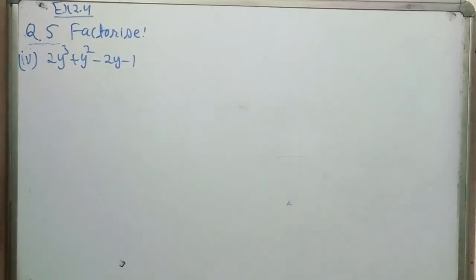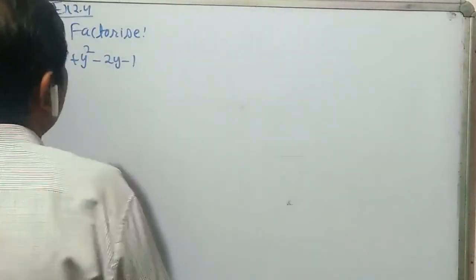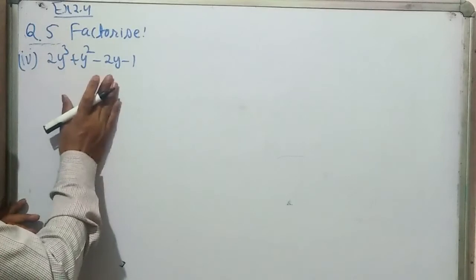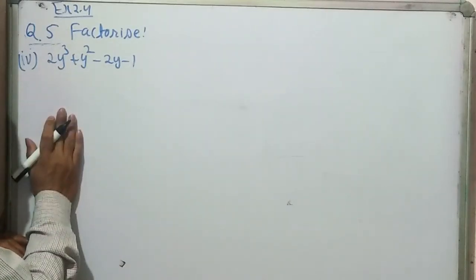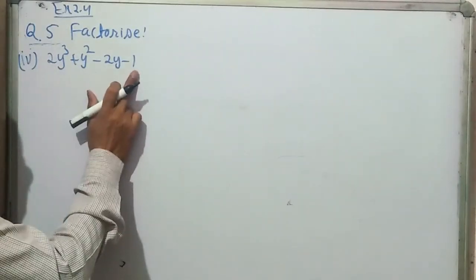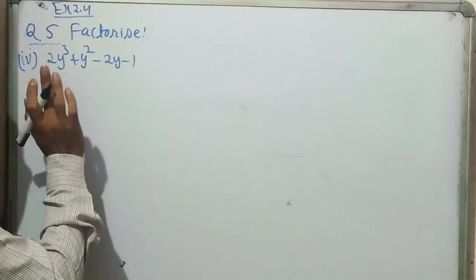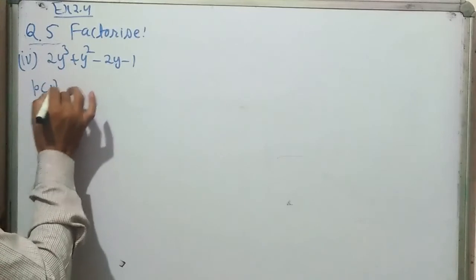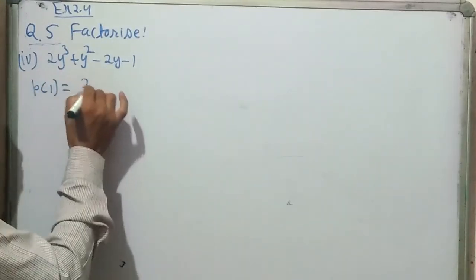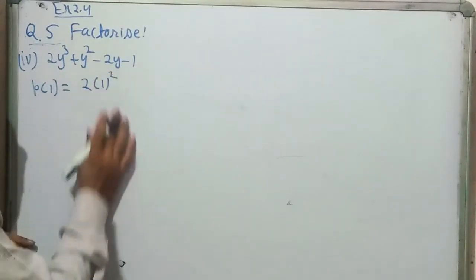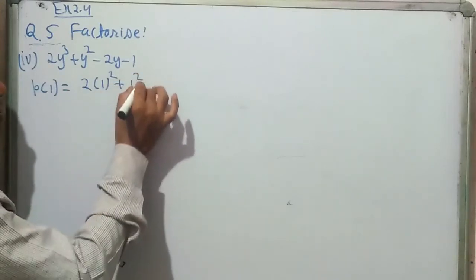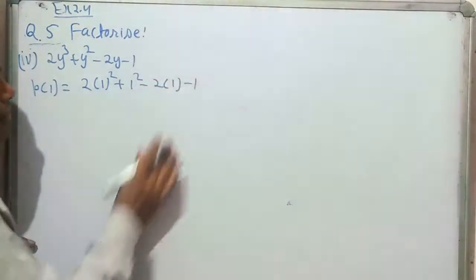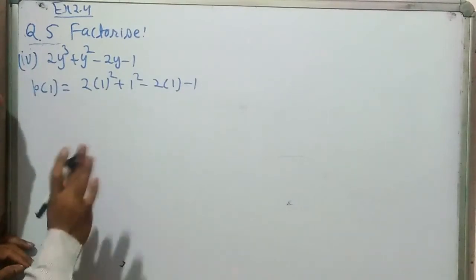The fourth and the last part, students, of this question is 2y cube plus y square minus 2y minus 1. Now we are left with only one choice, plus minus 1. What we do? We check out P(1). We get 2 into 1 square plus 1 square minus 2 into 1 minus 1.